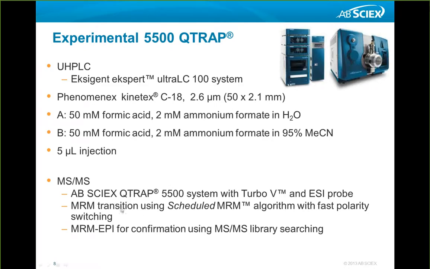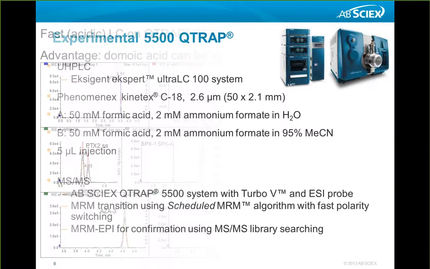What we are also using here is the scheduled MRM algorithm. That means the acquisition of the analyte based on the retention time with fast polarity switching, and an option if you have the QTRAP version of the equipment is the MS library searching, because we are acquiring full scan spectra.